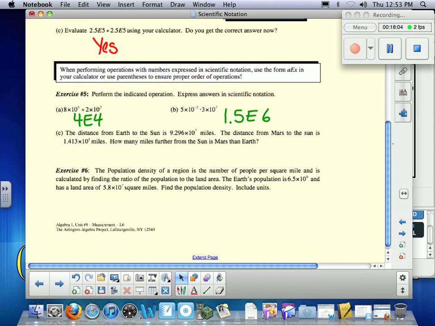Letter C, the distance from the Earth to the Sun is that. The distance from Mars to the Sun is that. How many miles farther from the Sun is Mars than the Earth? We're going to add, subtract, multiply, or divide? We're going to know how much farther, so we're going to subtract, not add or multiply. Start with the first one from the second.